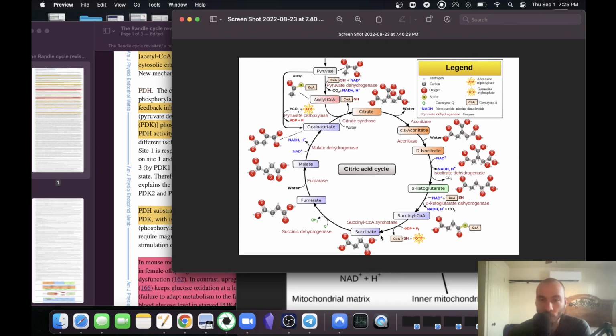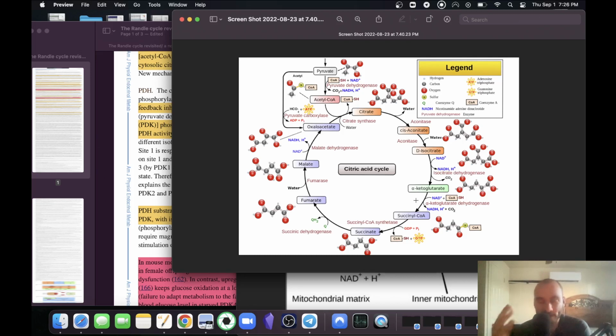There's also, around succinate dehydrogenase, the production of FADH2. I'm pretty sure it happens around there. So succinate plus FAD moves through succinate dehydrogenase and then produces the FADH2 amongst other components.